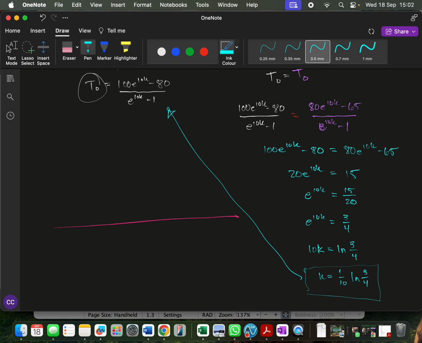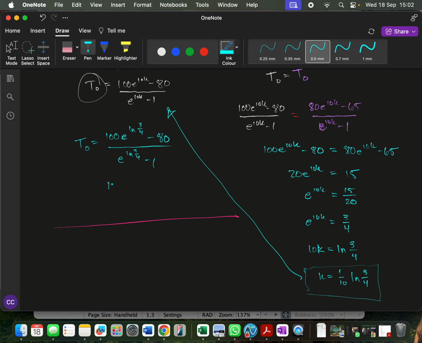So that would turn into T0 equals 100 e to the 10K minus 80. If I multiply 10K by 1/10 ln 3/4, this just becomes e to the ln 3/4, minus 80 all over, and the same thing's happening there, e to the ln 3/4 minus 1.